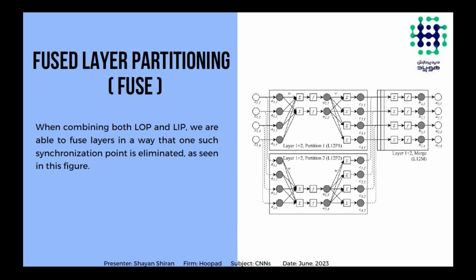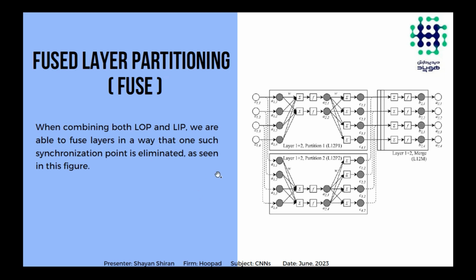We have another partitioning method, which is fused layer partitioning, or we can say fuse. In the fuse partitioning method, it combines both LOP and LIP together. And by combining them, a synchronization point is eliminated, and thus it gets a bit faster. In fused layer partitioning, you can see it in the picture.